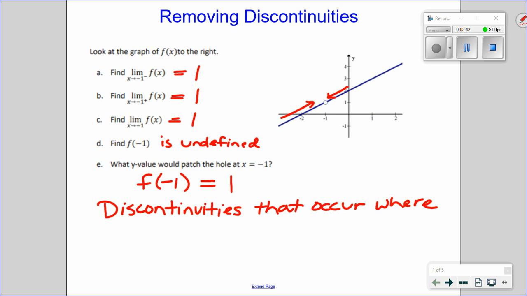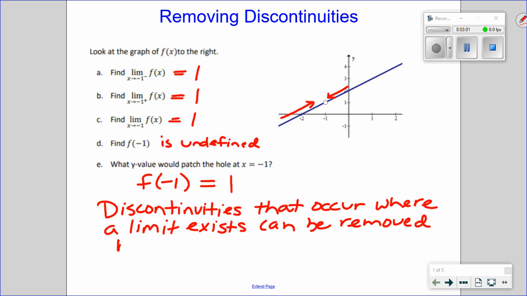Remember, in this example, the limit did exist. So discontinuities that occur where a limit exists can be removed by defining, or in some cases redefining, a point on the graph.